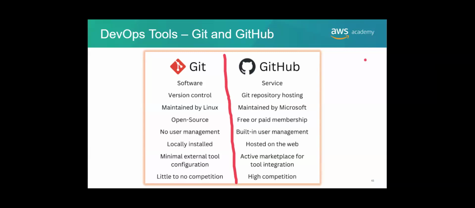You have written in your notebook the difference between Git and GitHub. Or if you just make a short note of Git, what does Git mean? Git is version control. This is one, and this one here is repository hosting.